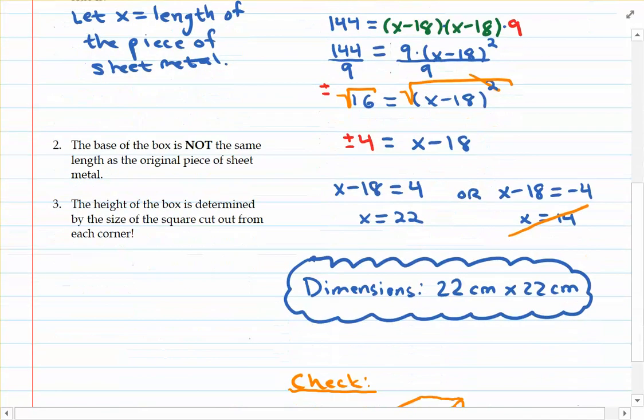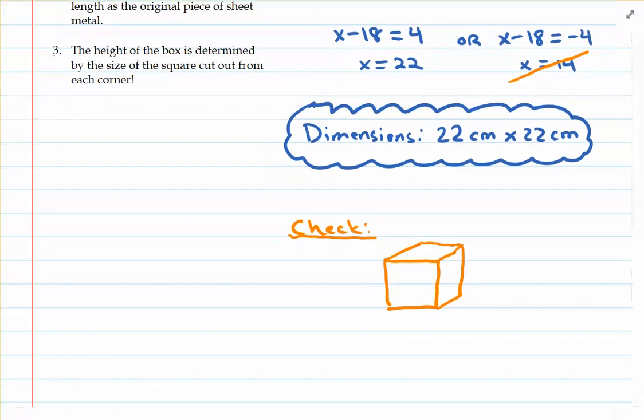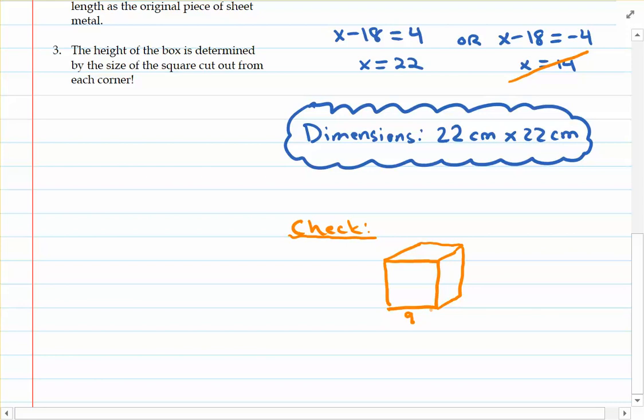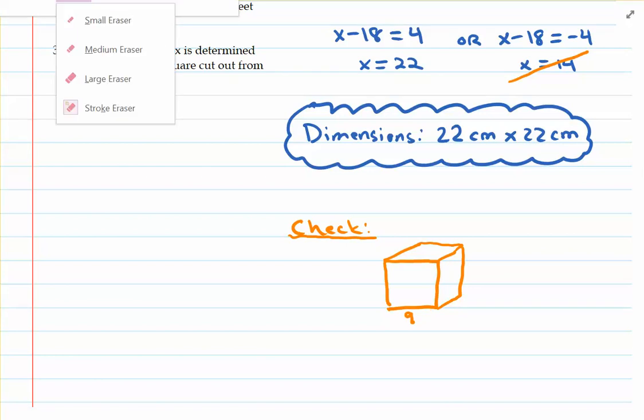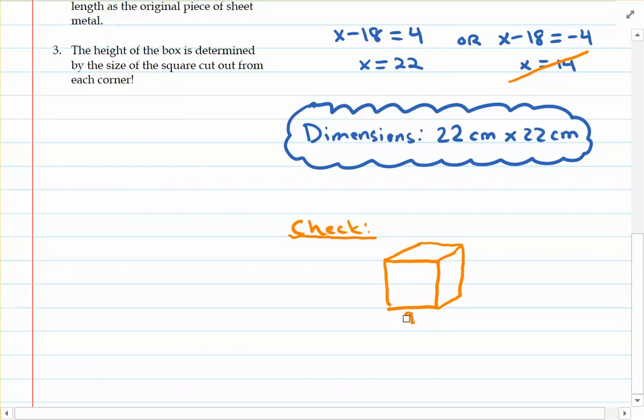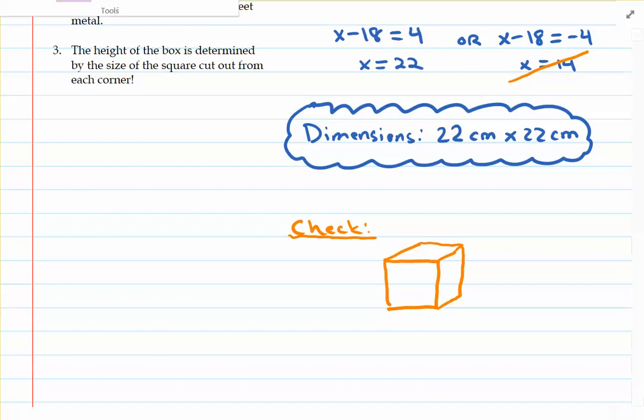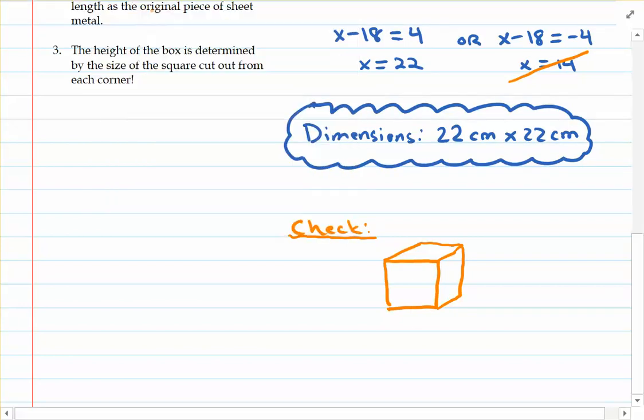So with that information, our box, oops, excuse me, let me get rid of that. Okay, the base for our box is 22 minus 18, so 4 centimeters by a 22 minus 18 again, which is 4 centimeters, and the height is 9 centimeters.